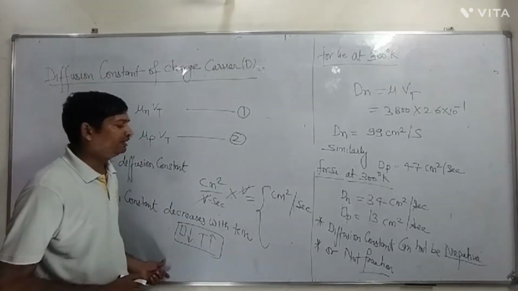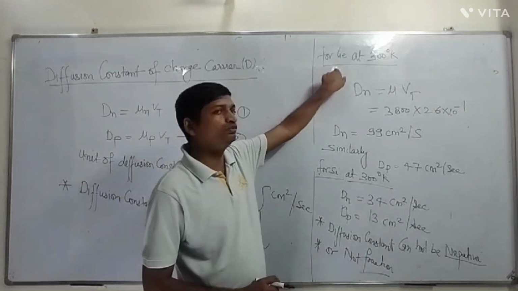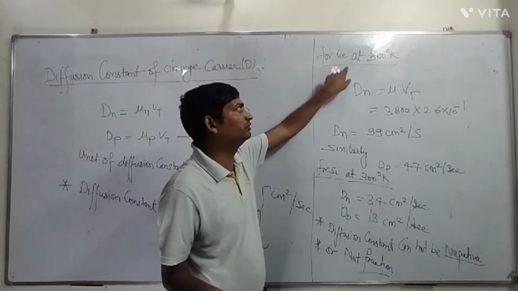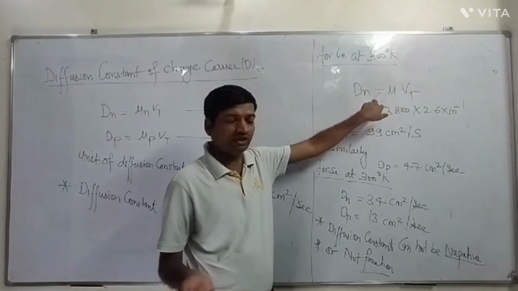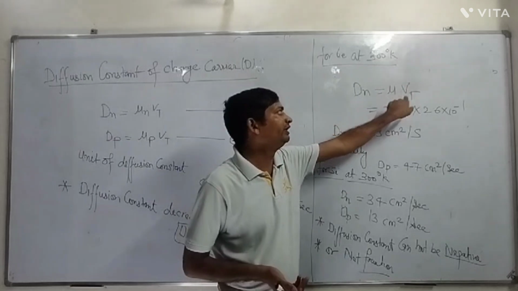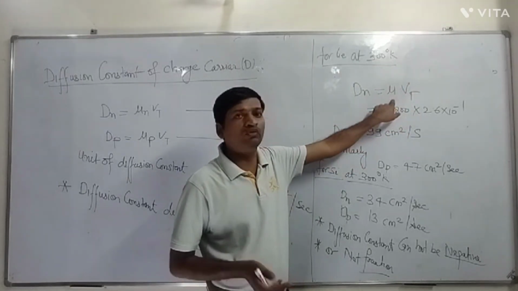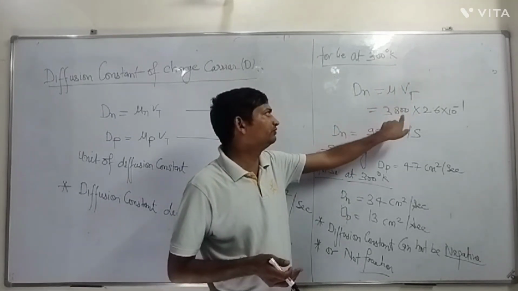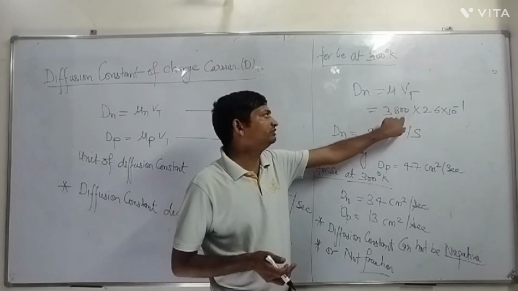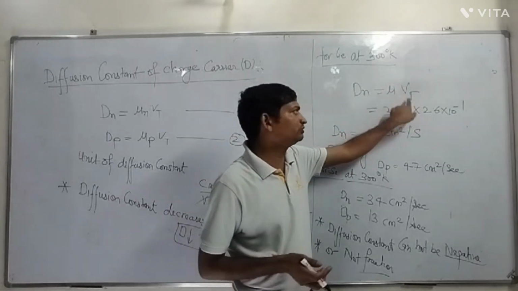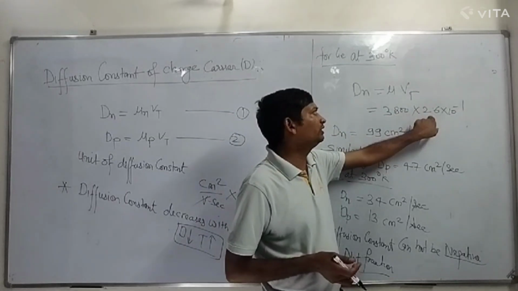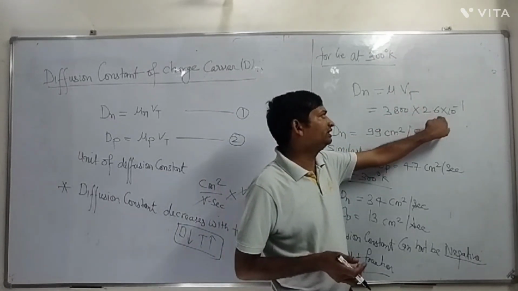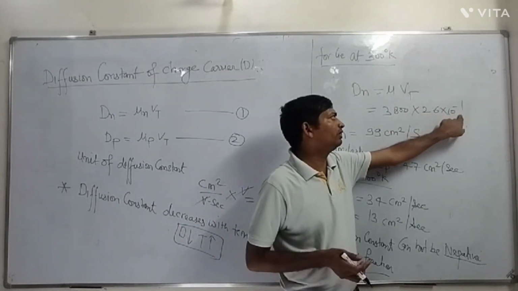Similarly, for germanium, suppose you want to calculate the diffusion constant at 300 Kelvin. We have the expression Dn is equal to mu n Vt. Mu here is the mobility for n-type material, which is 3800, and Vt, the thermal voltage, is 2.6 multiplied by 10 to the power minus 2.